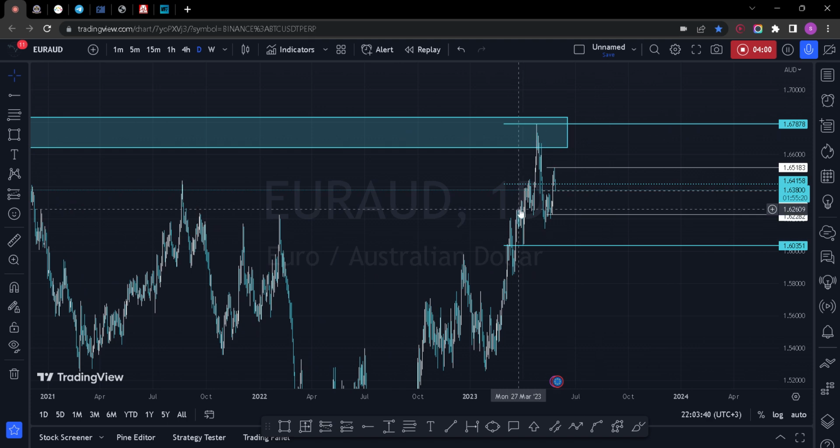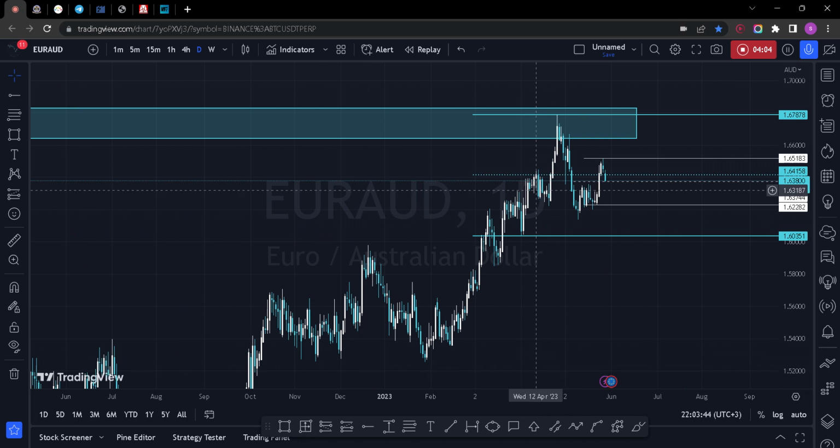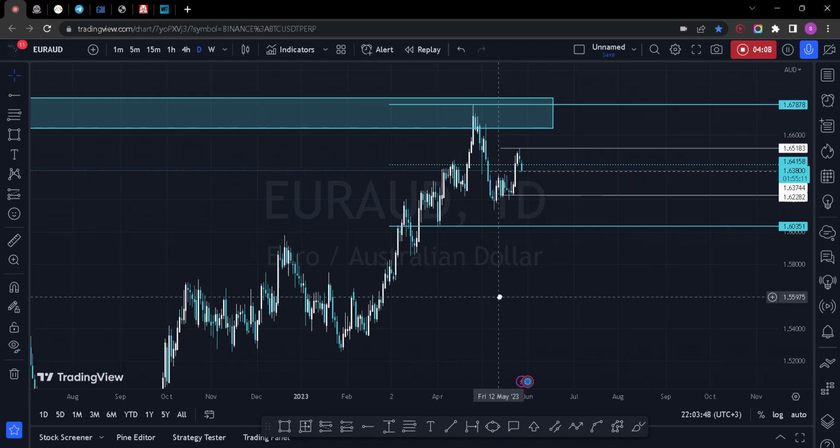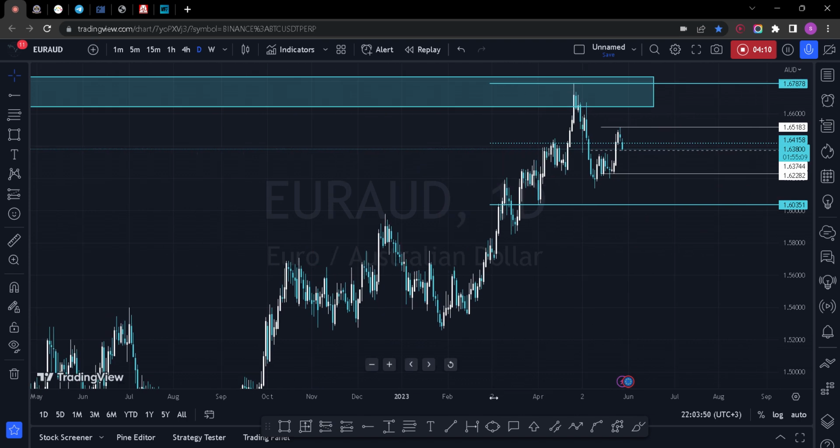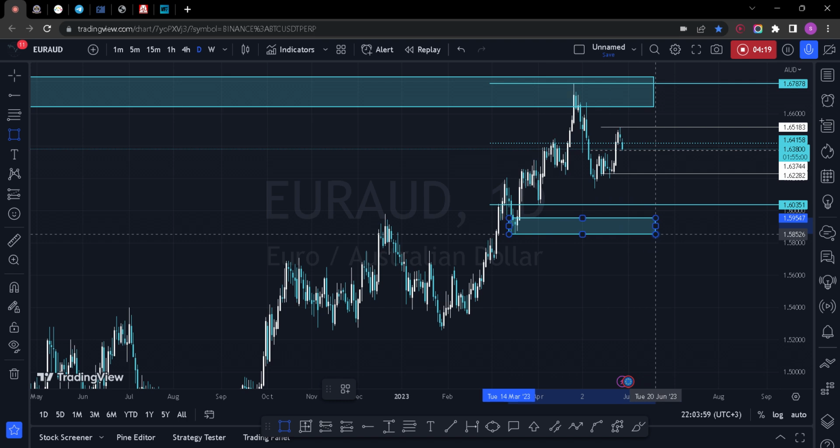But recently, this month, there's been an aggressive sell-off here. So I'd like to mark that out. I'd also like to mark out potential zones where I want to see the price bounce if it goes lower.